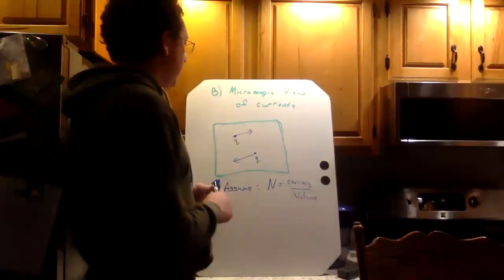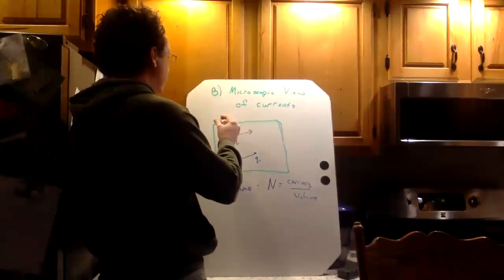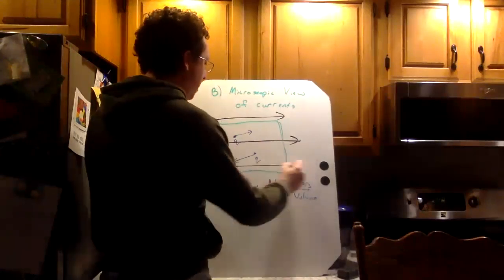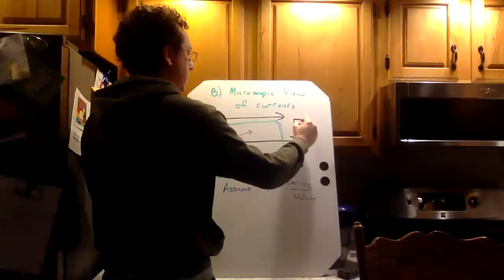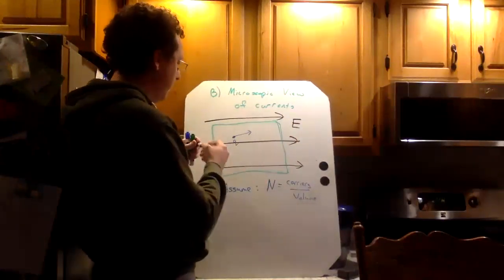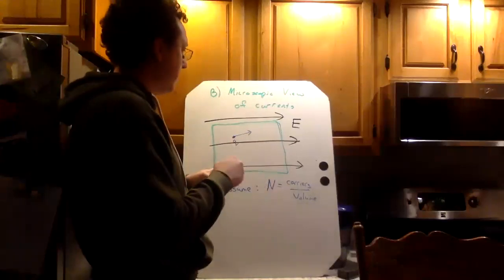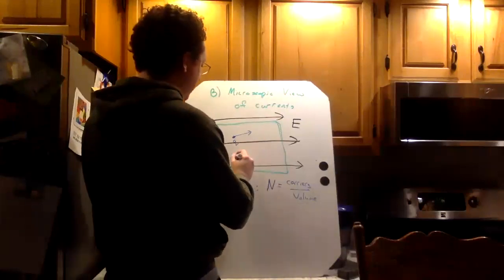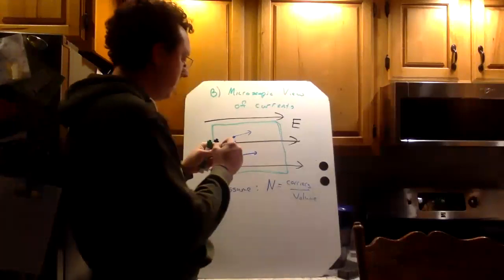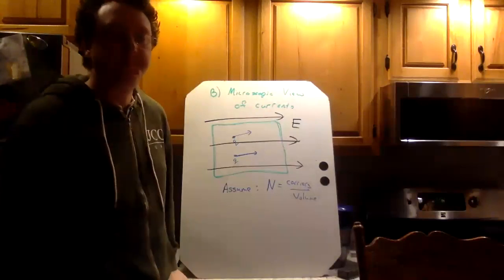Now, if we were to apply an external electric field to the metal, then rather than the little charge carriers canceling each other out, their flows zeroing out, you would find that the charge carriers all start to move in the direction of the electric field.